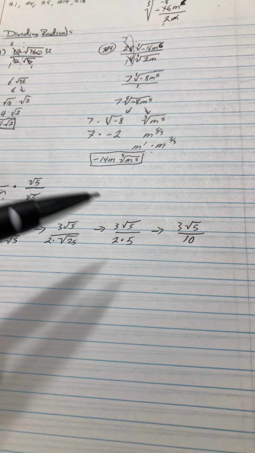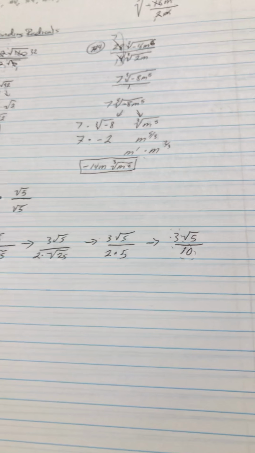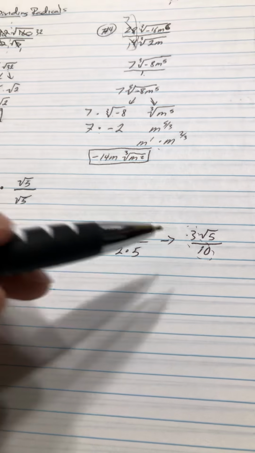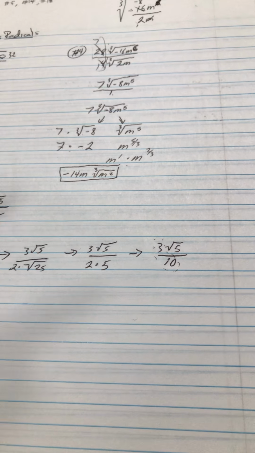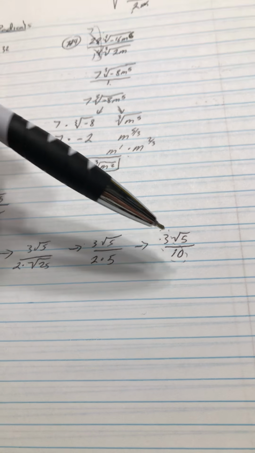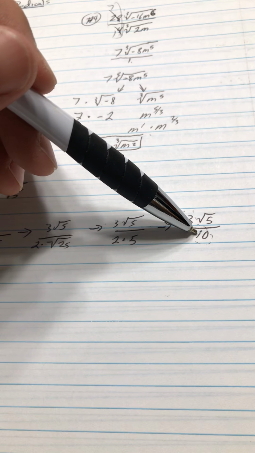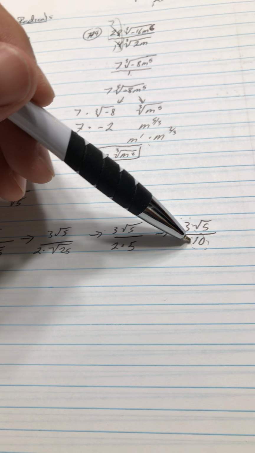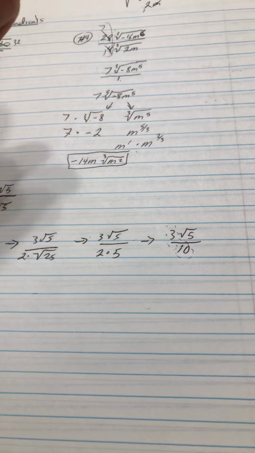Last thing you check before you circle it and call it a day, you check these numbers right here because they're not under a radical sign at all, and you just see if you can reduce those. And obviously 3/10 is not reducing, so you're good there. One thing you want to be very careful about, actually there's 2 things you want to watch out for. One, when you're at this point, that 10 right here should not be under a square root sign at all, or a radical sign at all. If you put a radical sign, then you're not paying attention to what you're doing.